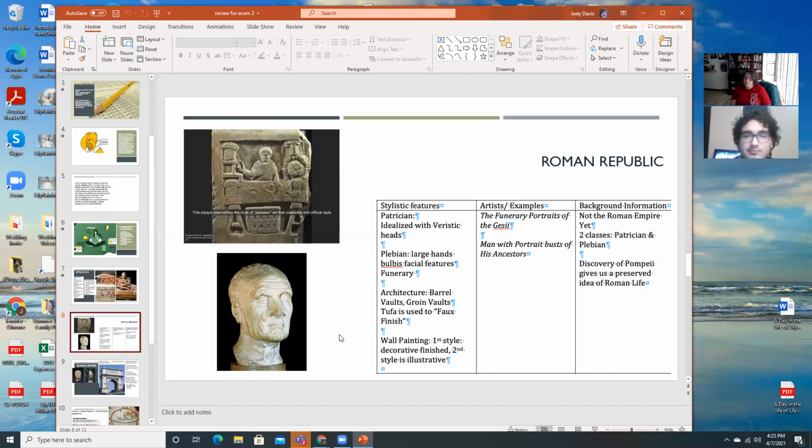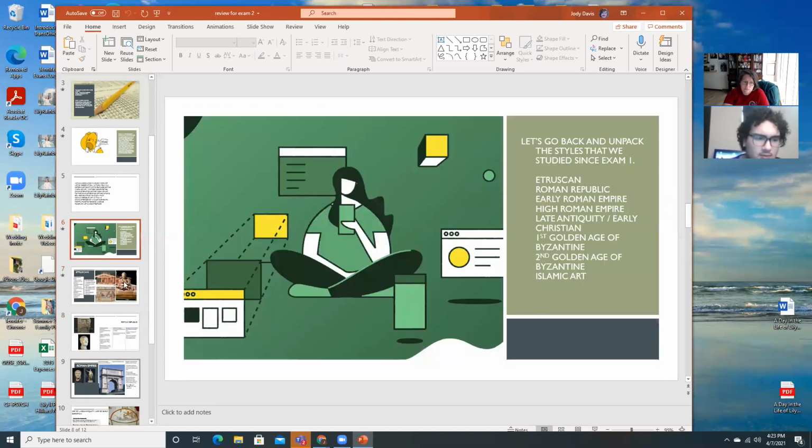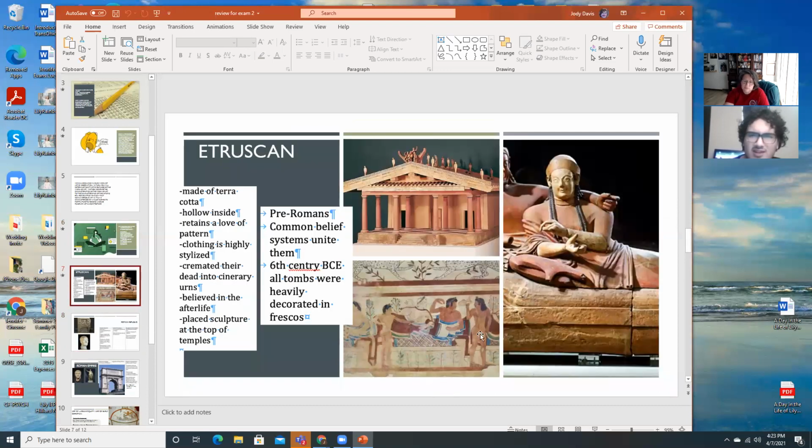And in the Etruscans, are there things in the exam or should we also focus on what the names were? Was it Cerveteri? The two major ones, Tarquinia and Cerveteri, I think. Yeah, I wouldn't be too concerned about where they're from.